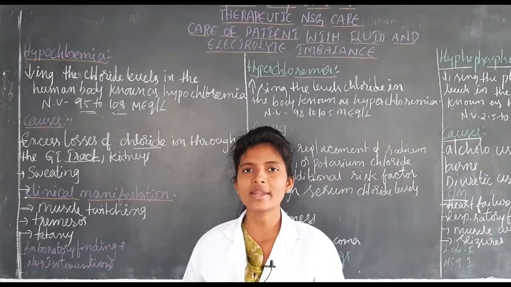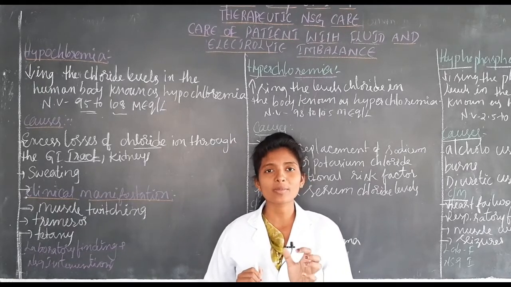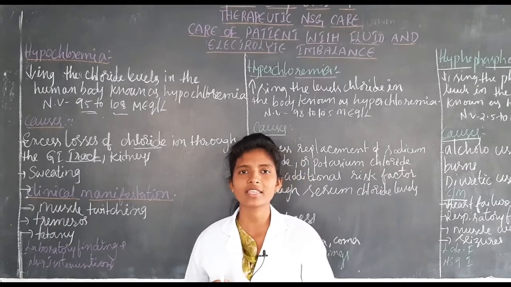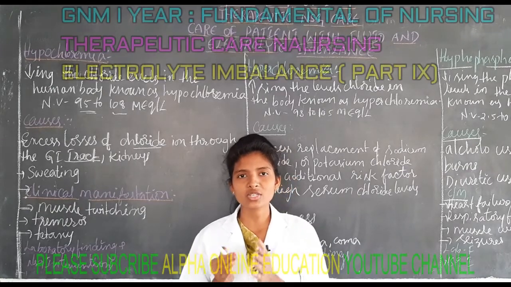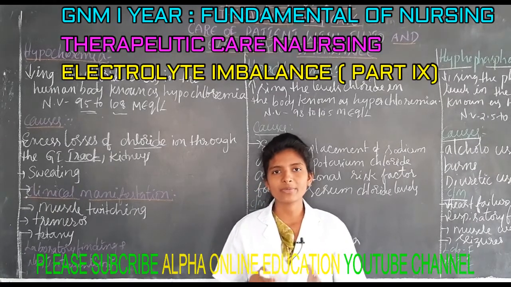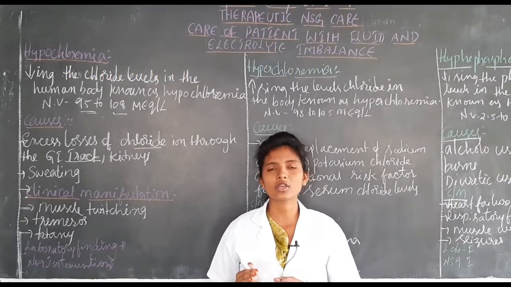By checking vitals, we can see whether the patient's vitals are normal or abnormal. In vitals: temperature, pulse, respiration, oxygen, blood pressure. The nurse has to observe all these things.